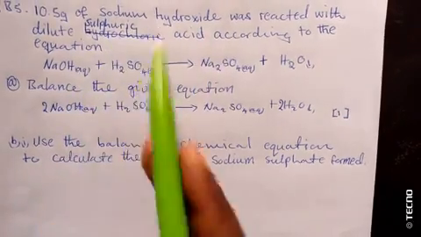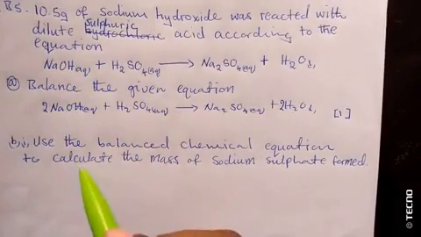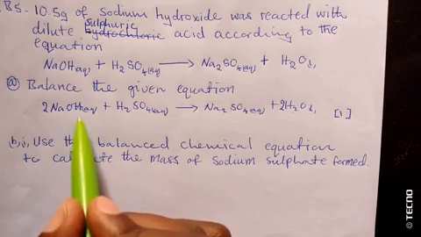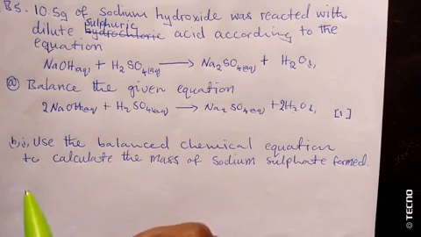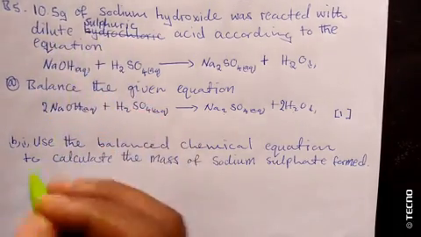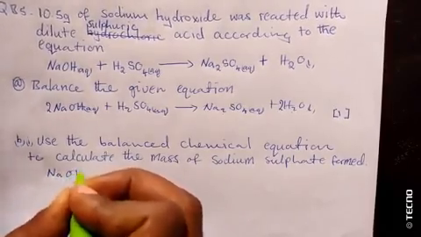So the moles of sodium hydroxide, first thing, you consider this equation, but here we are told that we need to use the balanced one, whereby this 2 is going to be applicable when answering. So we'll use this one first, which is sodium hydroxide.